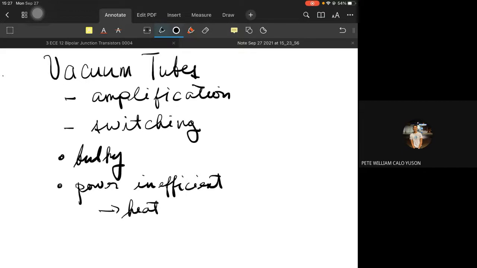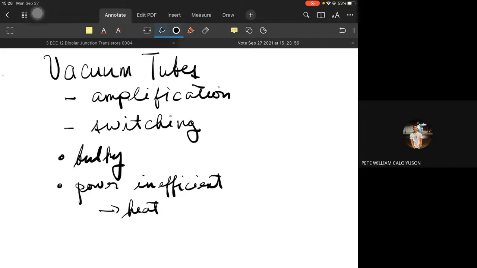Try to imagine a light bulb at home. A vacuum tube is more or less as big as a light bulb. Computers from the 1930s to the 1950s had their processors made with vacuum tubes. Okay? So they were huge.